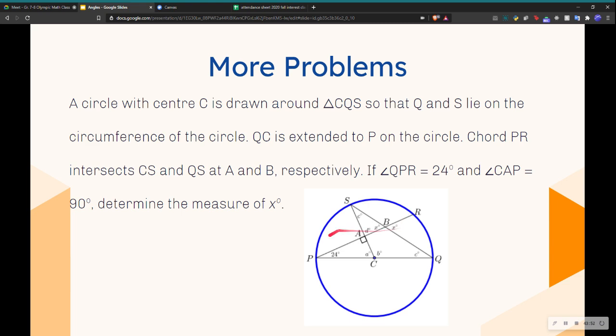Chord PR intersects CS at A and B, respectively. If QPR, so this angle right here, is 24 degrees, and CAP is a right angle, determine the measure of angle x. Yeah, so we have x right here, x right here. I don't know why they marked both, but there you go.